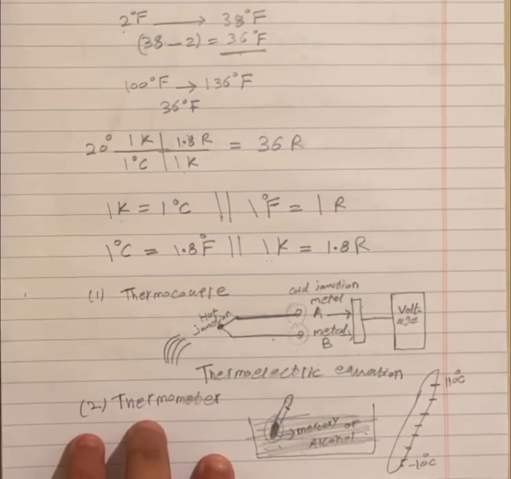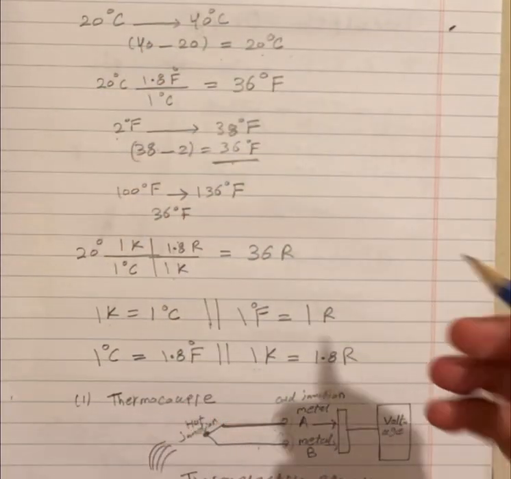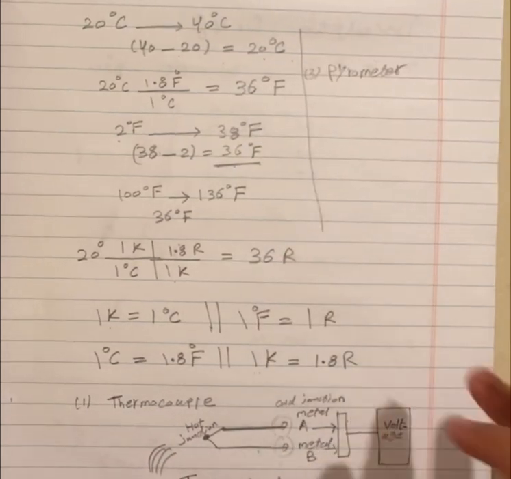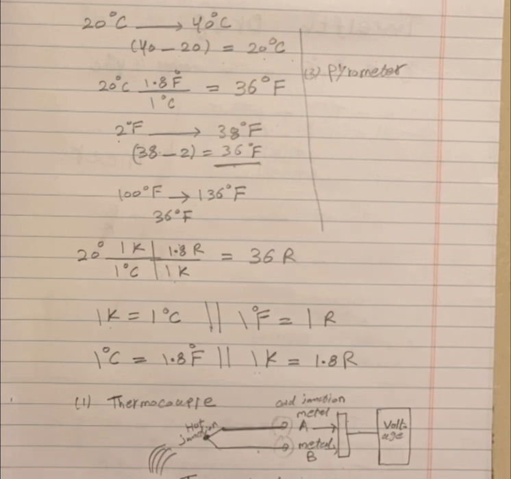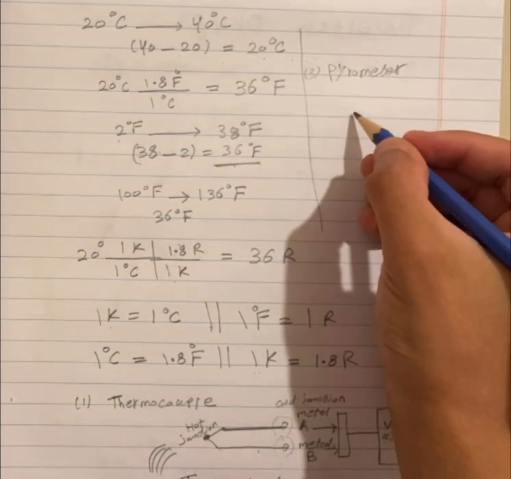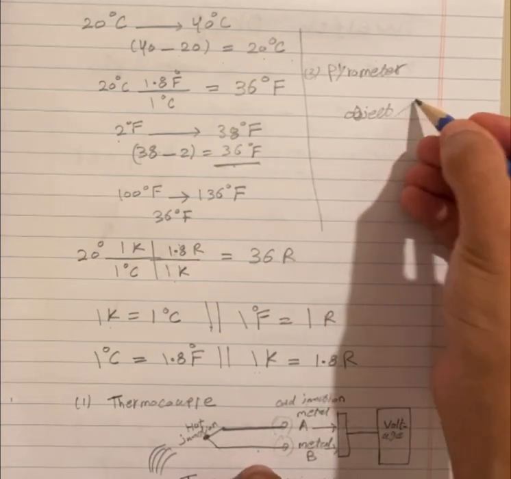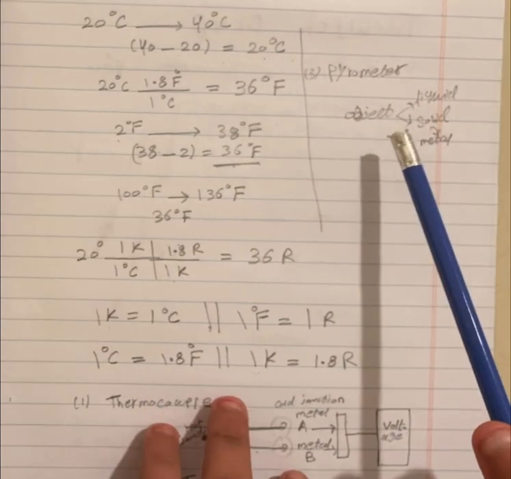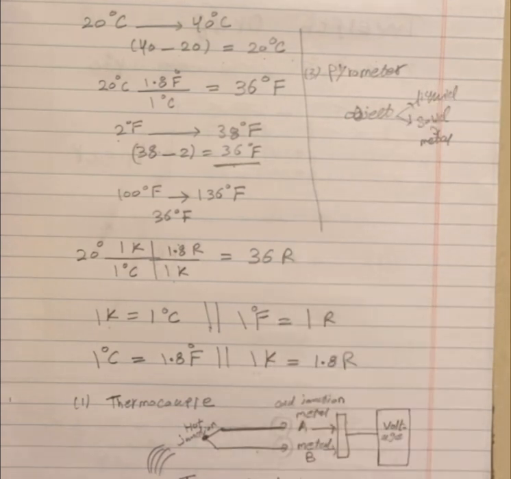The last type I want to mention is the pyrometer. It has a very simple yet complicated in practice working principle because it's about having an object which could be liquid or solid, like a metal, and depending on the amount of infrared radiation that is emitted by this liquid or this solid, the pyrometer will take this infrared radiation and use it to calculate the temperature.